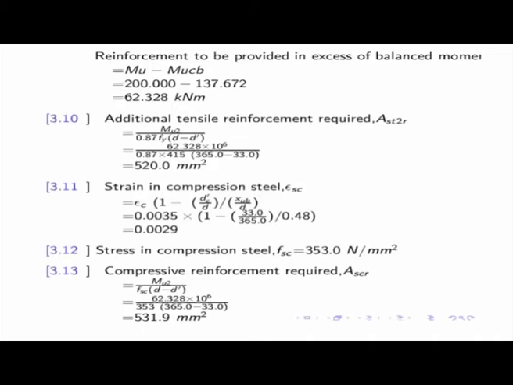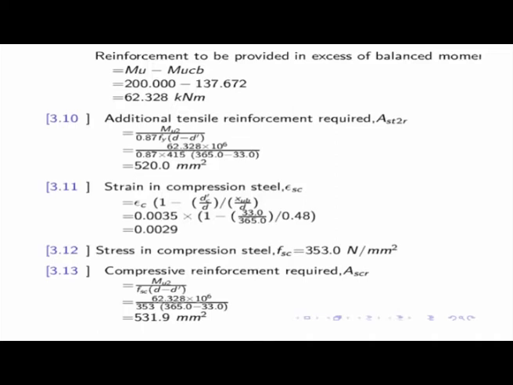So the stress in compression steel, from the same curve you can find it, or in a few books they have given a table also, which I have circulated. There also you will find the stress-strain values given. So you can find the stress in compression steel fsc, which is 353 Newton per square millimeter, which is less than 0.87 fy.